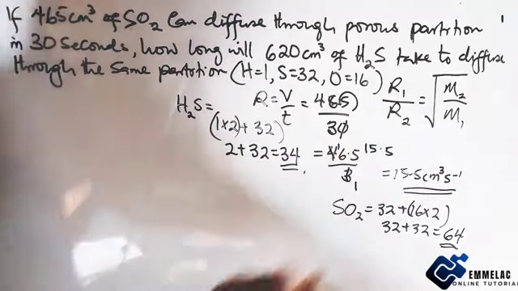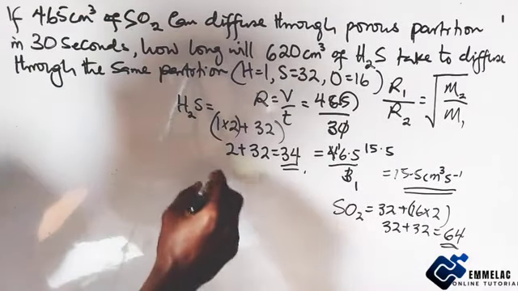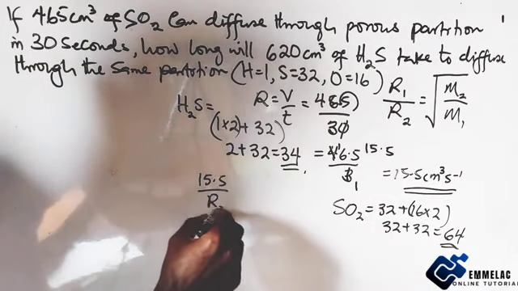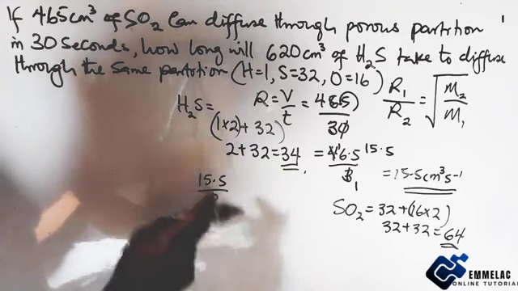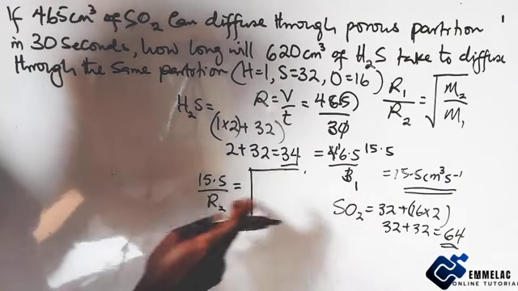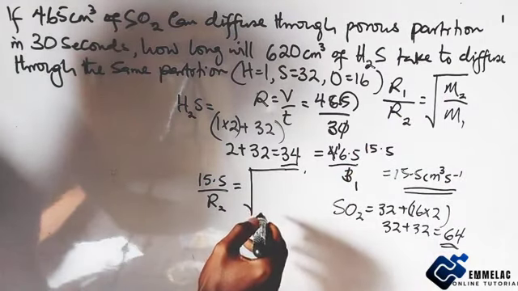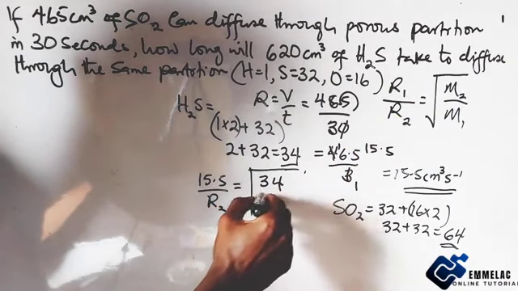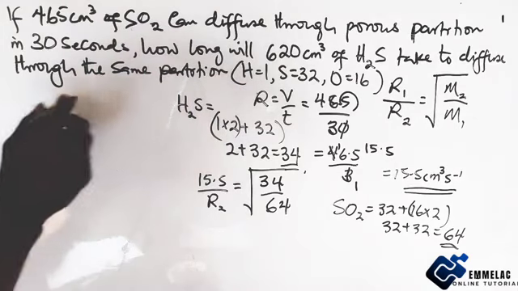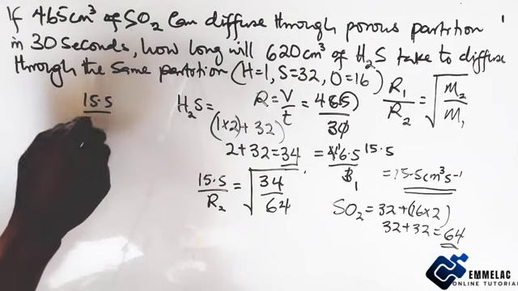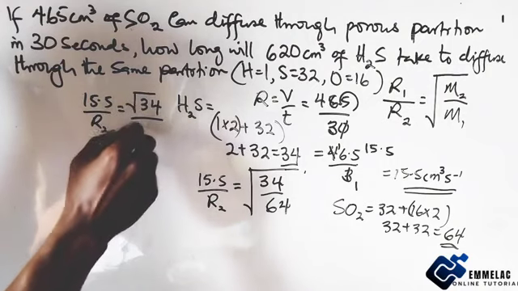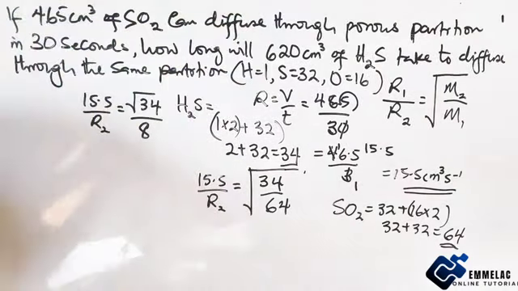Now using this formula, we have 15.5 over R2, which is the rate of diffusion for hydrogen sulfide gas, equals the square root of the mass of hydrogen sulfide gas over sulfur oxide, 34 over 64, which gives us 15.5 over R2 equals the square root of 34 over 8.